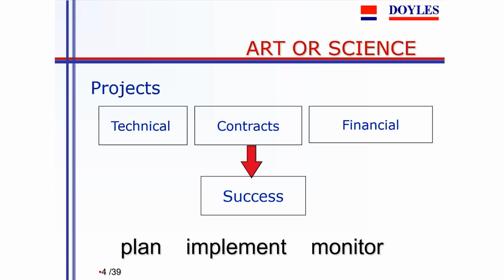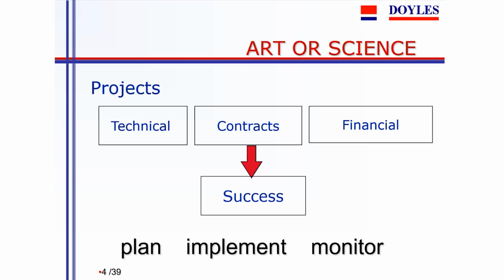So it's important to make sure that when you enter contracts, you've got the financial straight. And the contracts and the terms of them are essential to success. And again, we've got to plan, we've got to implement, and we've got to monitor. It's important that there is a philosophy of planning for contracts and contracting projects, then implementing, and then monitoring that and leading to better improvement over a period.